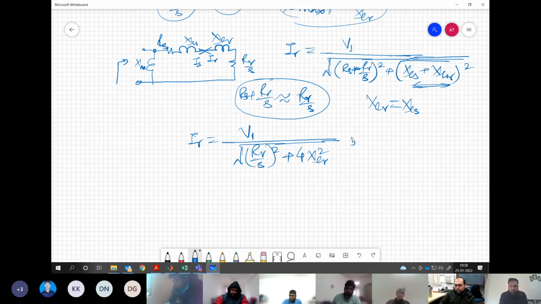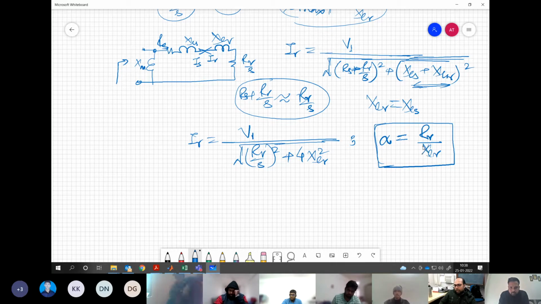Now I am going to introduce a term called alpha, which is nothing but the ratio of rotor resistance and rotor leakage reactance. This is a very common term, which just by seeing the machine you can say what this alpha is, and then you can guess a lot of things about the torque speed characteristic of the motor.